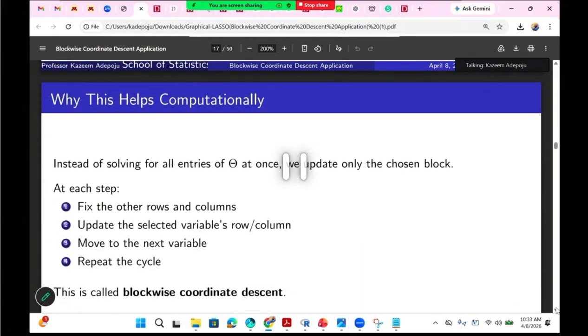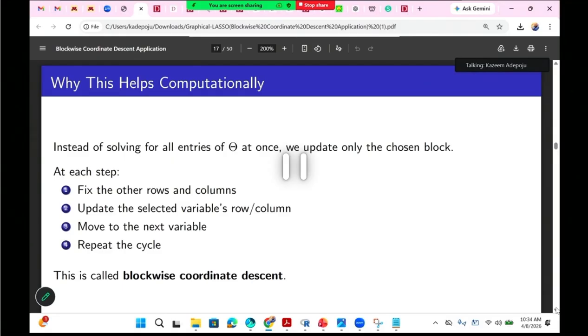Now, why does this help computationally? I think I've explained before. Instead of looking at it as a whole, which will be very, very difficult to figure out, we break it into pieces and we update one at a time. We have an algorithm that's going to handle that for you in R.